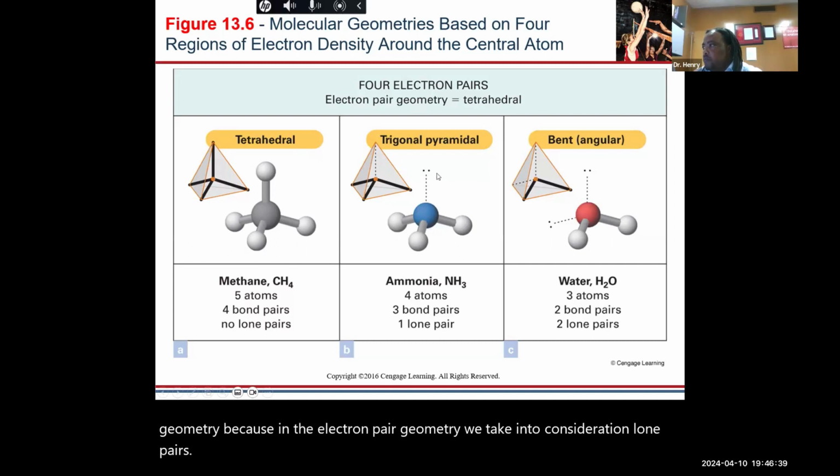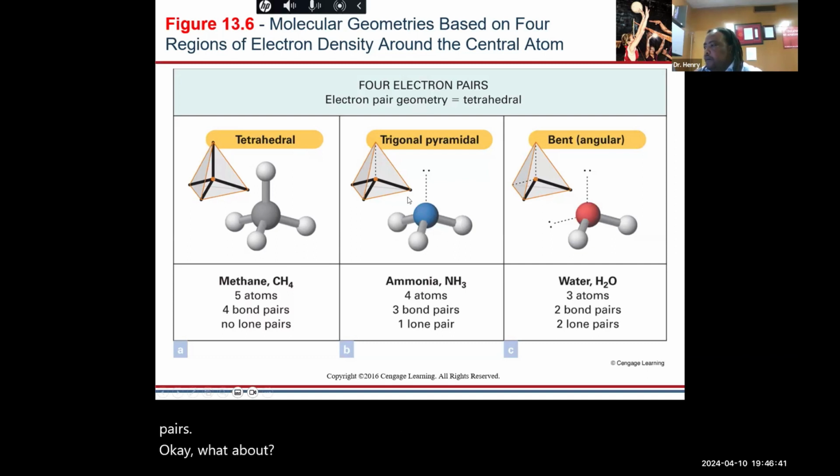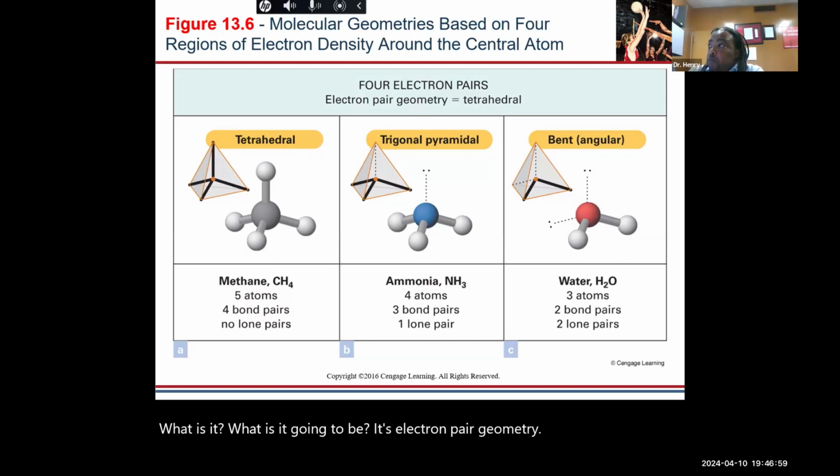What about ammonia? What is its electron pair geometry? Trigonal pyramidal is going to be its molecular geometry.